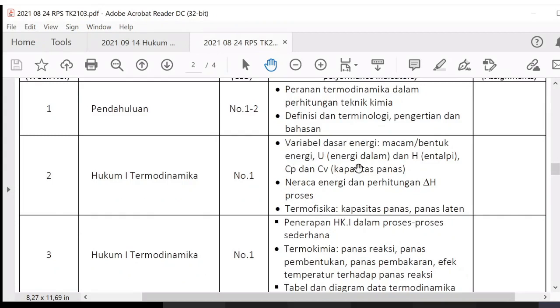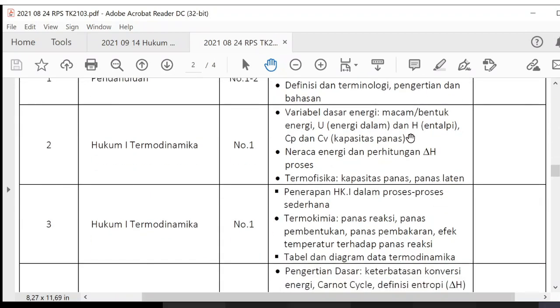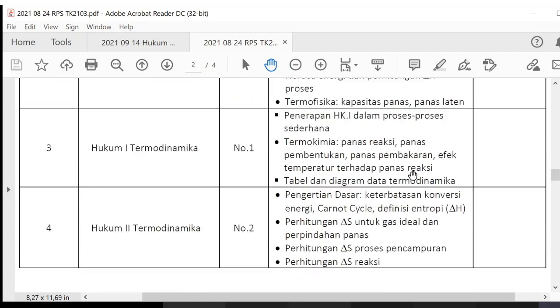So you have learned about the internal energy, the enthalpy, the specific heat, delta H, the latent heat of vaporization, condensation, this is specific heat. And then I think we haven't gone through the heat of reaction, but we will do that later. And then today you learn about the Carnot cycle.